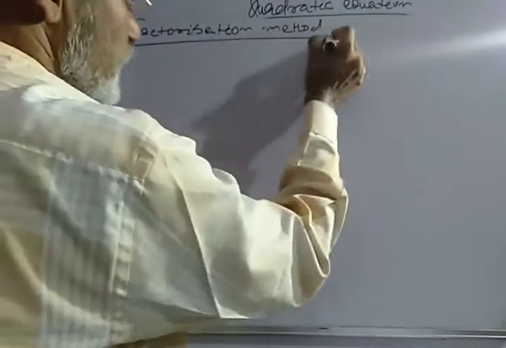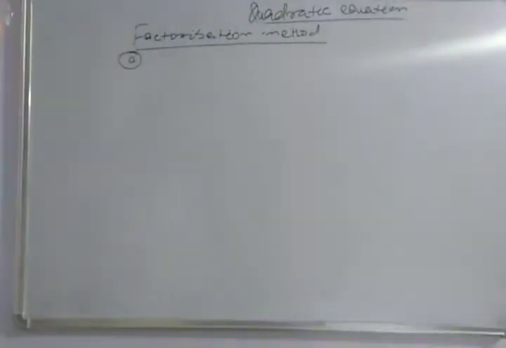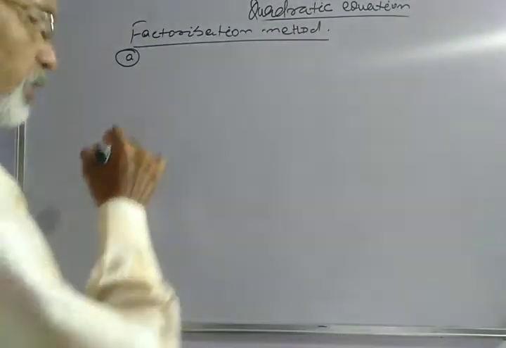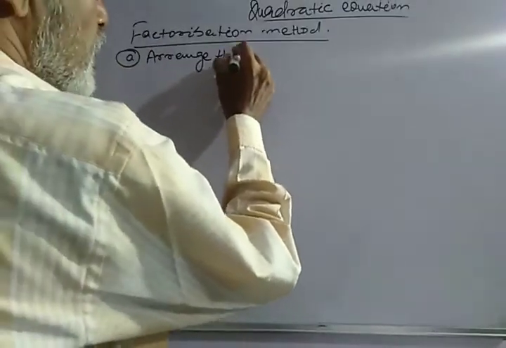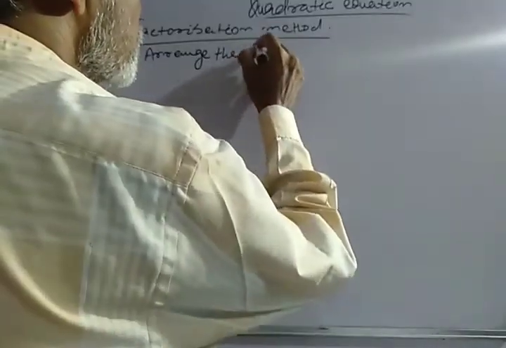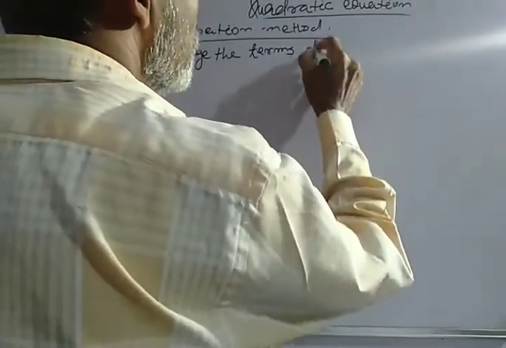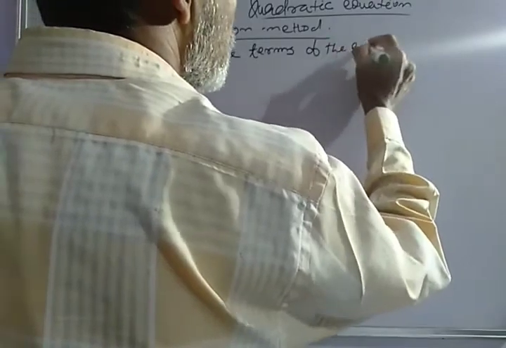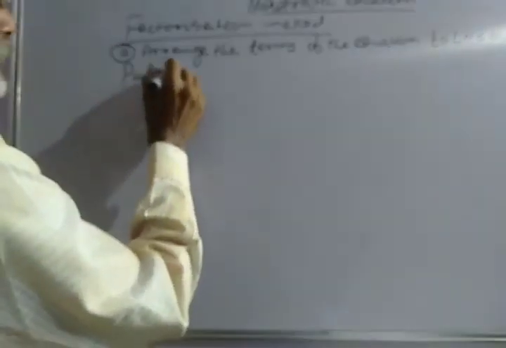First step is to arrange the terms of the equation to the LHS and put 0 in the right hand side.